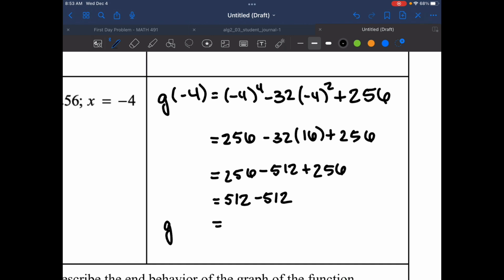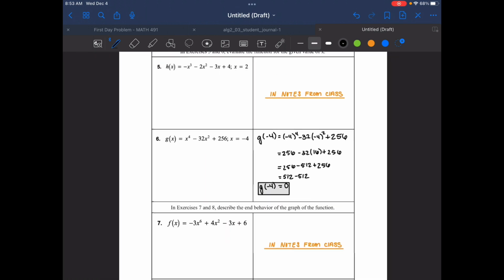That means that g of negative 4 is 0. Go ahead and box that up. Oops. I didn't want a polygon that ugly. Or quadrilateral, that may be a better word to use there.